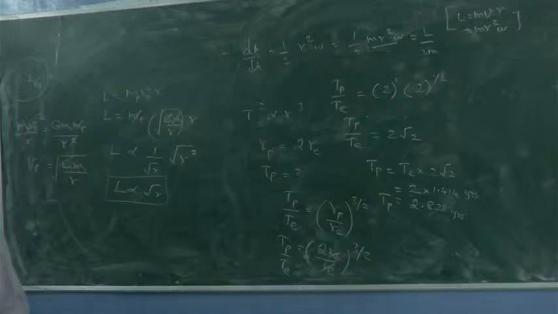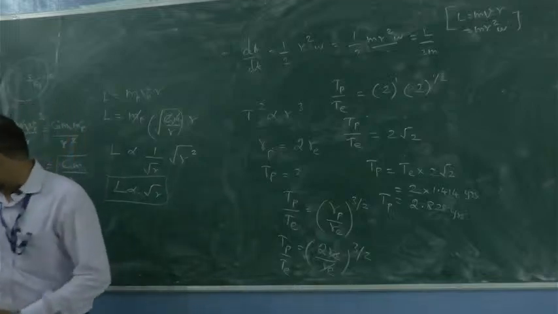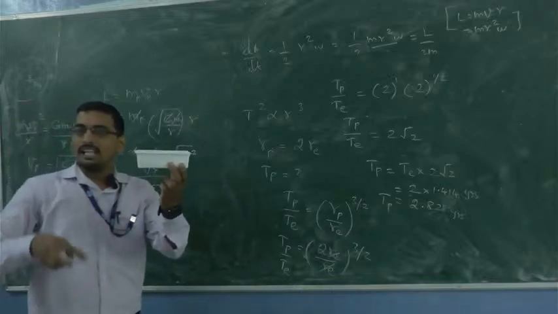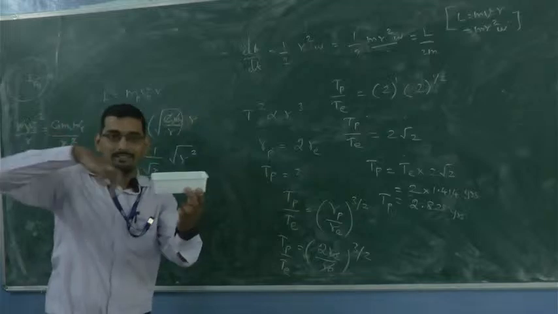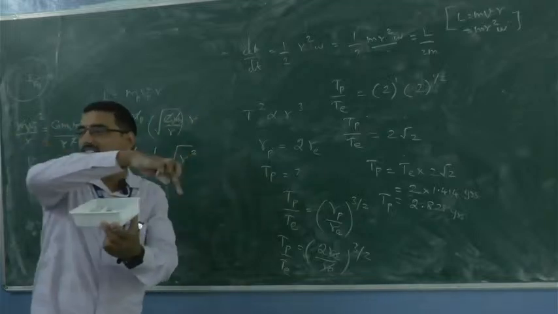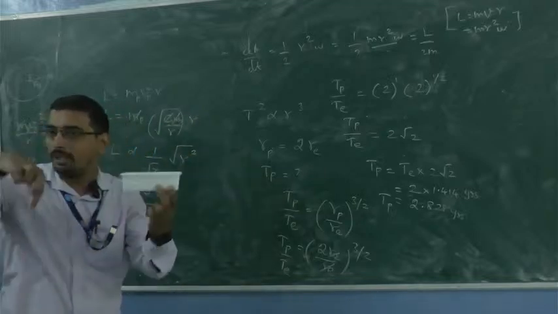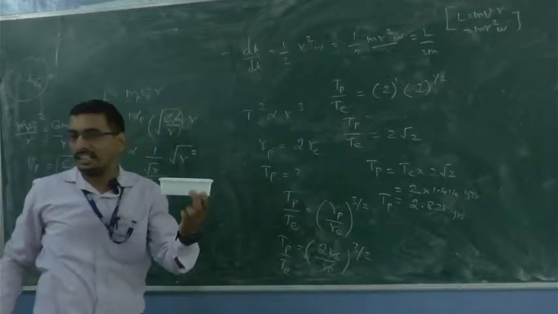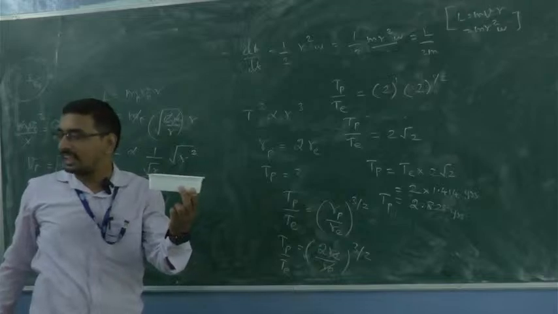If I assume this is the earth, a geostationary satellite revolves around this line. You know very well this line is called the equator. Any satellite that revolves in this horizontal plane is called a geostationary satellite.